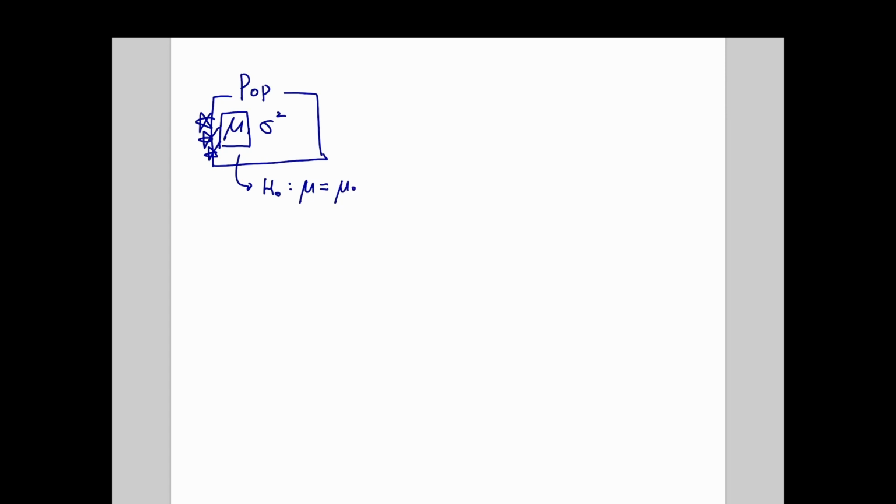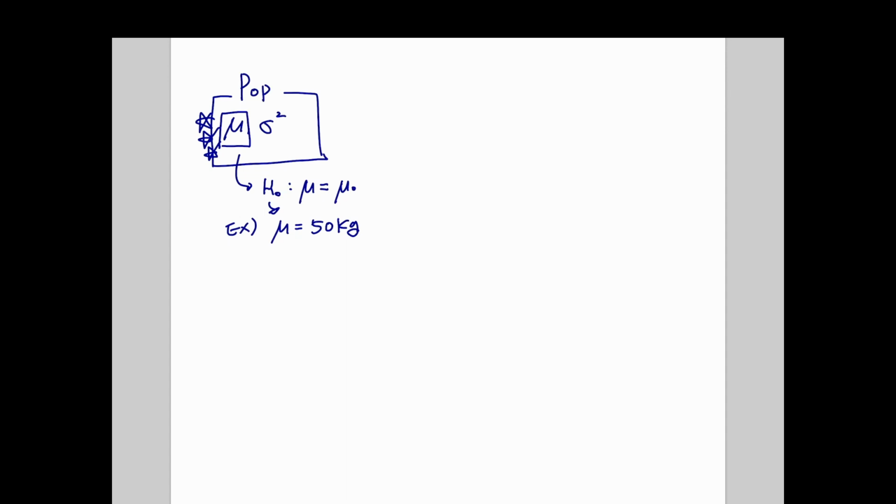For example, for the average weight of a global population, we assume that the average weight may be equal to 50 kilograms, that is mu 0.